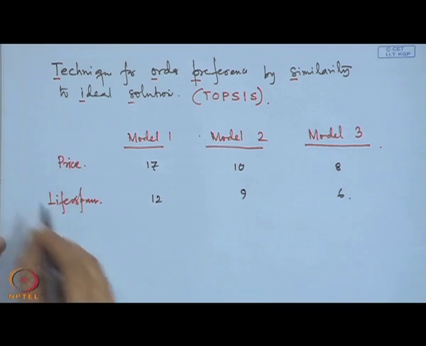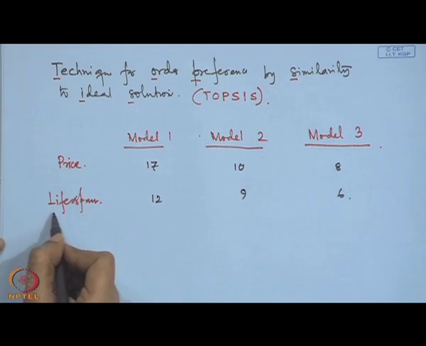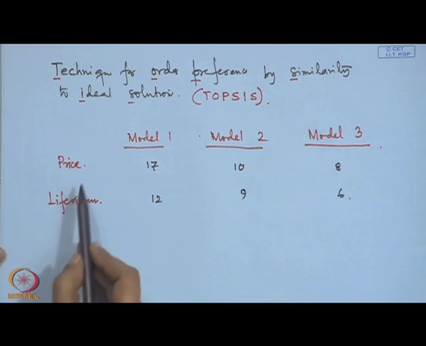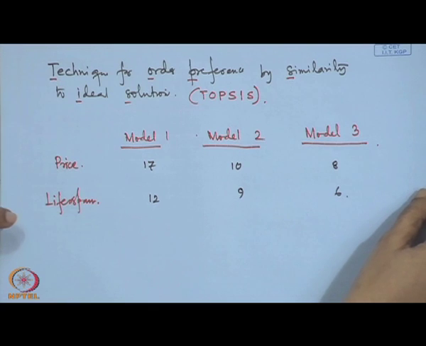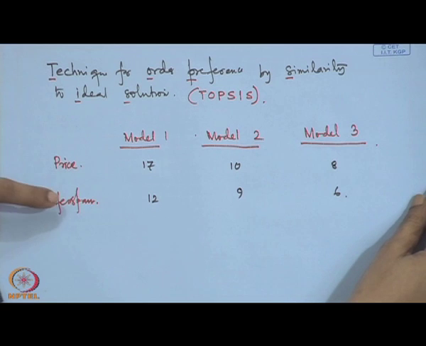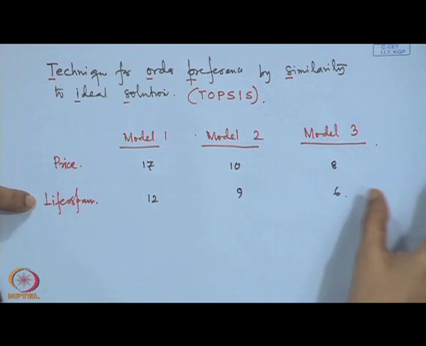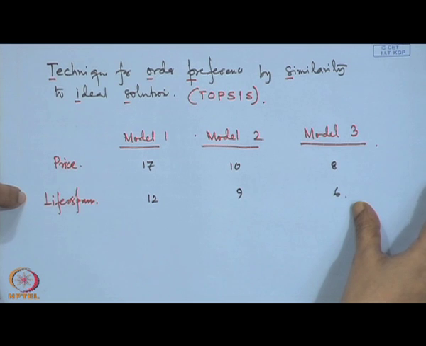In one way, we want to maximize the lifespan of the electronic instrument, and otherwise we want to minimize the price. With only this information in front of us, it is very difficult to select which model is preferable, because if I consider the maximum lifespan, the price is very high, but if I consider the minimum price, the lifespan is very low compared to the others. That is why it is very difficult to select.